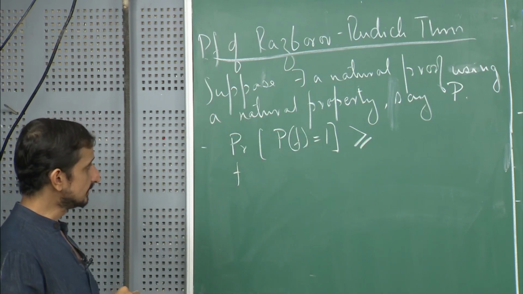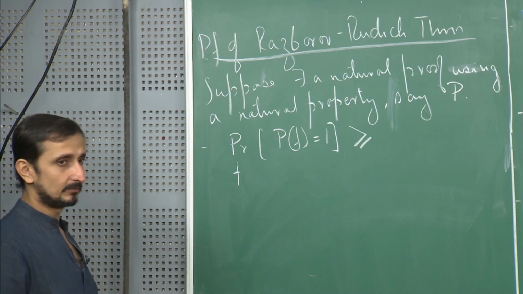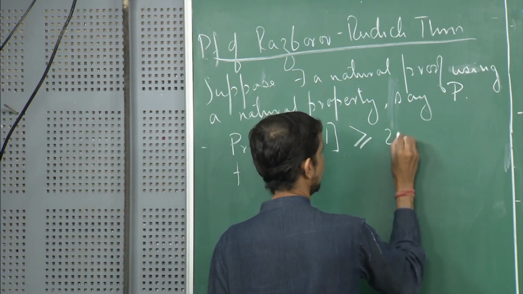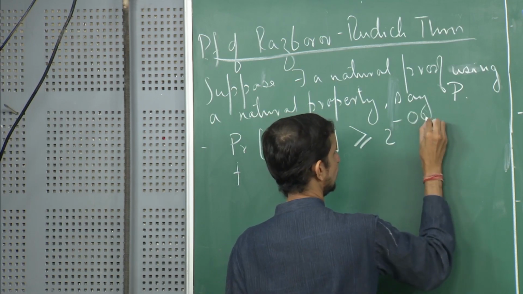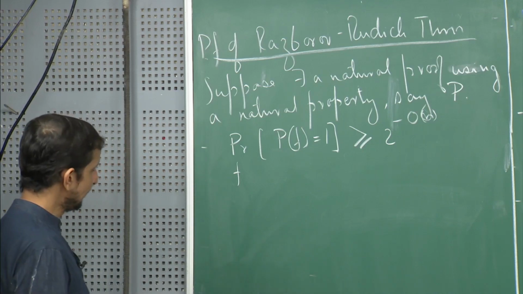What is the largeness definition of a natural property? 2 to the power minus O of n, right? So for that fraction we know that it evaluates to 1.